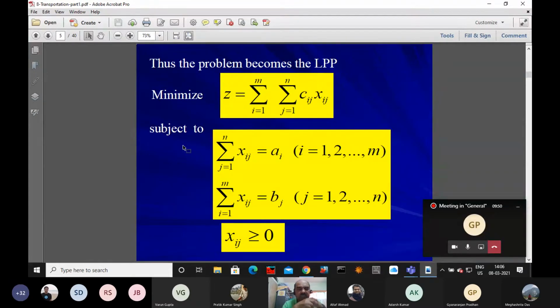Mathematically, we can formulate this transportation problem as a linear programming problem in this manner.